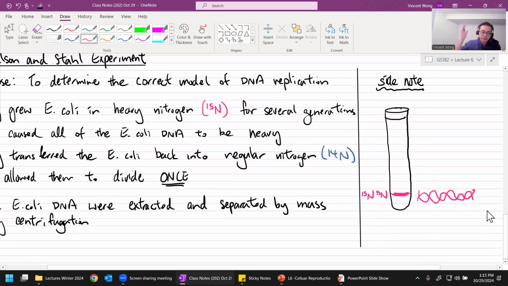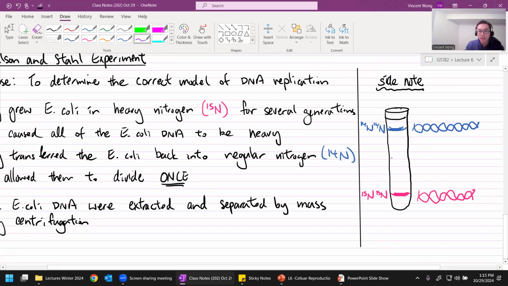What if I have a regular DNA strand that's made up of just the regular nitrogen, N14? Well, I hope it's not too difficult to understand that it will be at the top, because 14 plus 14 is 28, and 15 plus 15 is 30, which means this is lighter, right? It's going to be at the top.